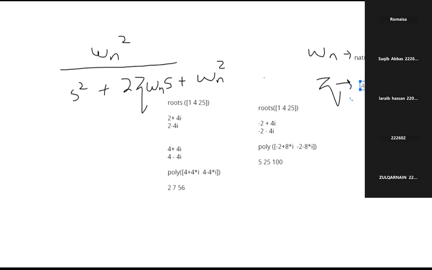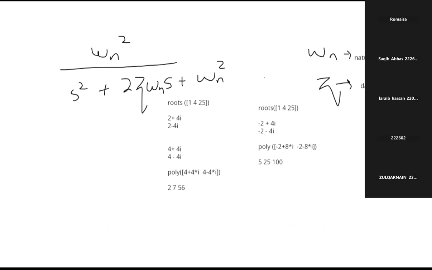Okay, so in this, omega n square divided by s square plus 2 zeta omega n s plus omega n square, this is the standard form of transfer function. Omega n is the natural frequency and zeta is the damping ratio. So you're going to compare your original transfer function, 25 over s square plus 4s plus 25, with this transfer function that I have written in front of you. So omega n square would be replaced by 25.